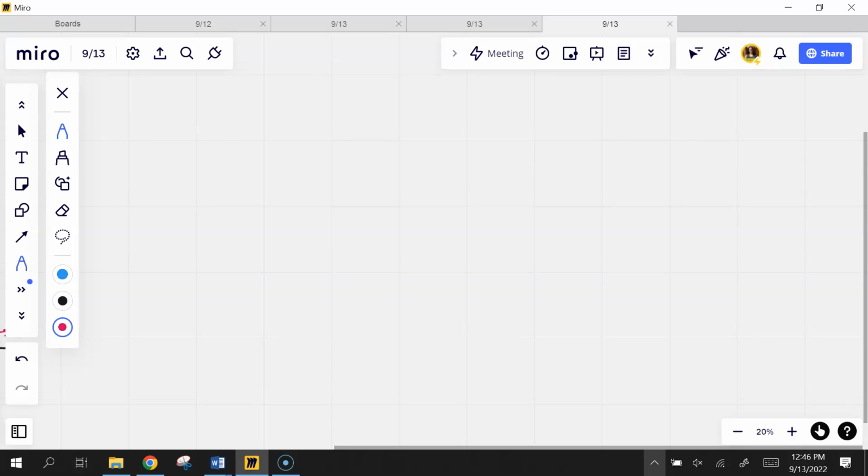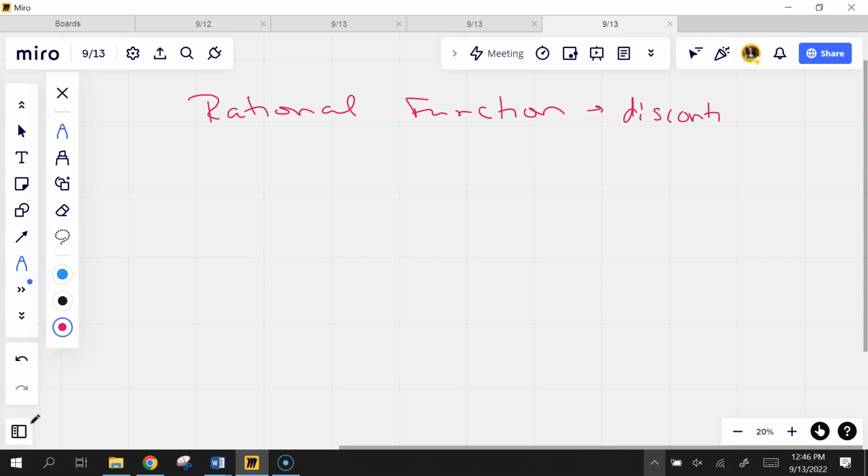All right, so let's talk about some things that happen with rational functions. In fact, let's talk about some things that cause what we call discontinuities. Have we talked about holes? Top heavy, bottom heavy, same.